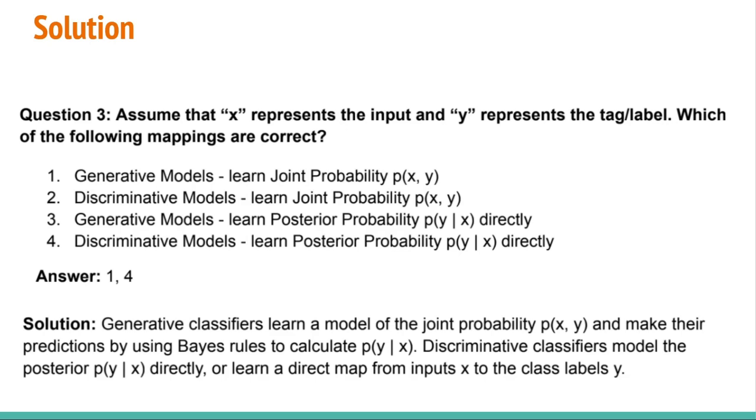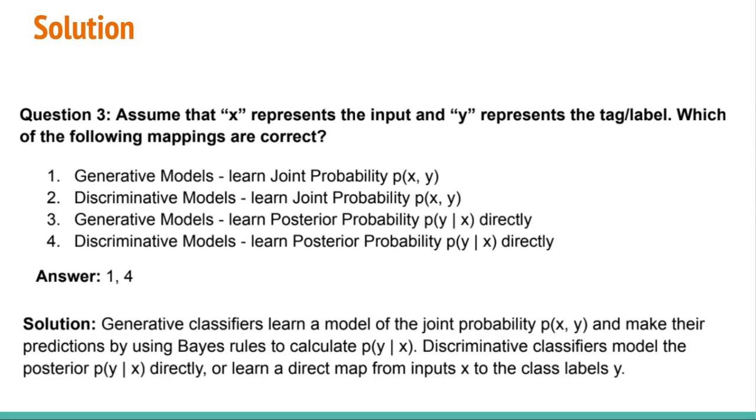I'll simply read over the solution once, just to reiterate what I just said. Generative classifiers learn a model based on the joint probability P of x comma y and make their predictions by using Bayes rule to calculate the probability of y given x.